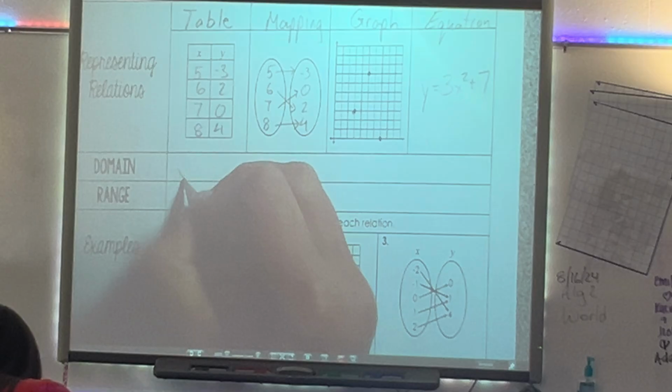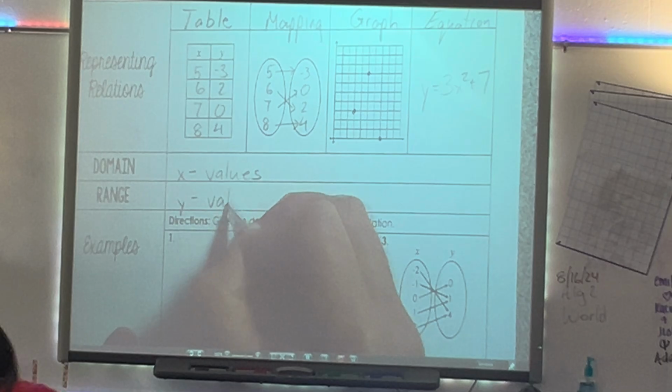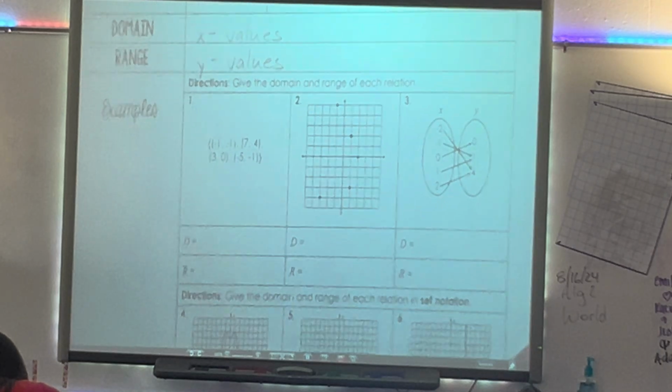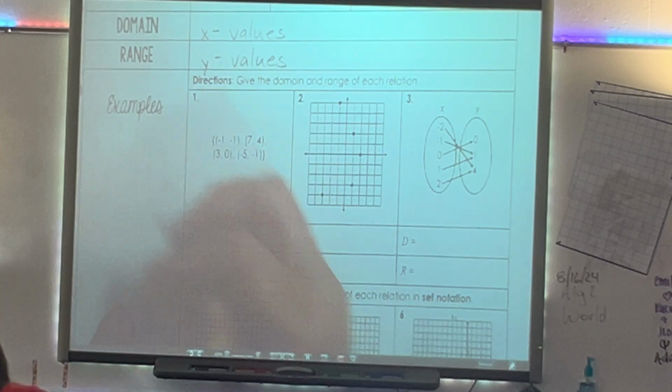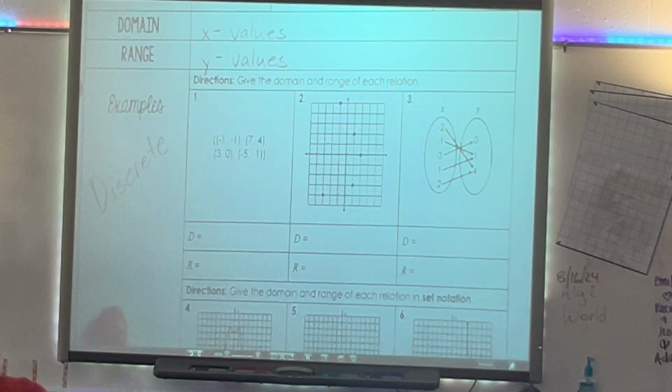The domain is obviously your x values, your range is your y values. Again, things that you're familiar with. If we look at this data right here, this would be discrete. You'll remember discrete, continuous. So this data would be discrete because it's just individual stuff.